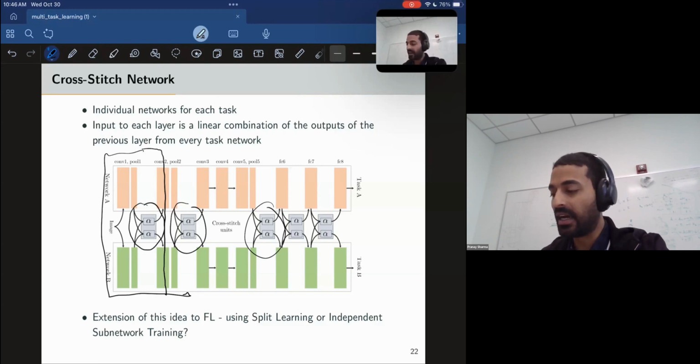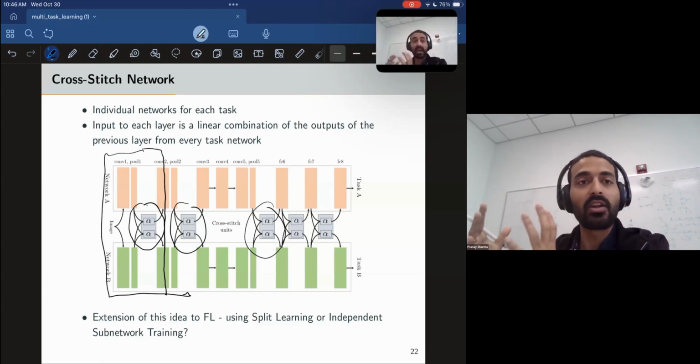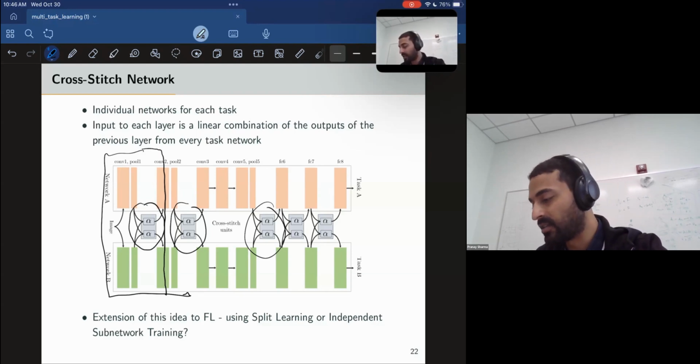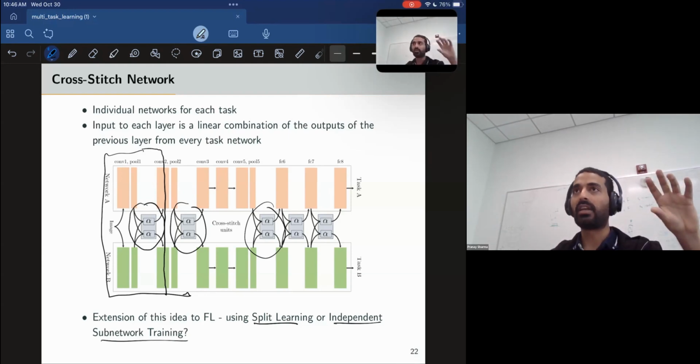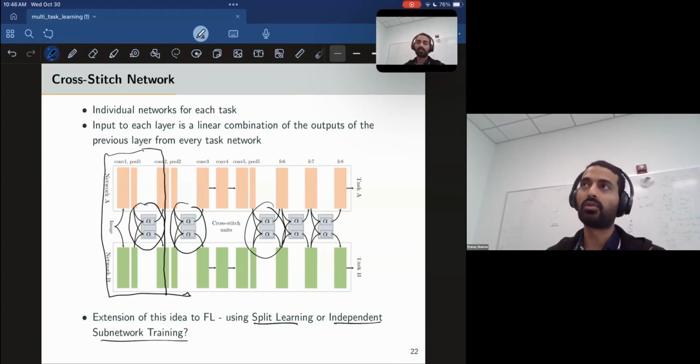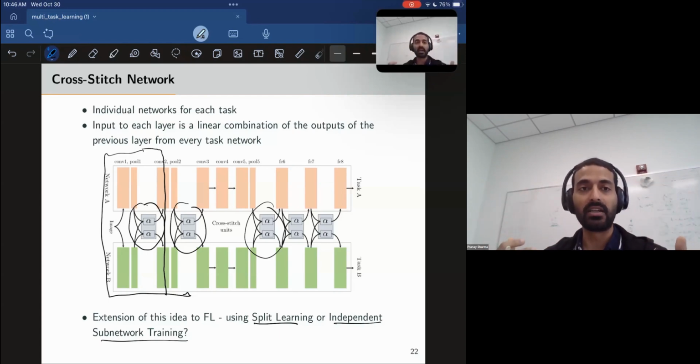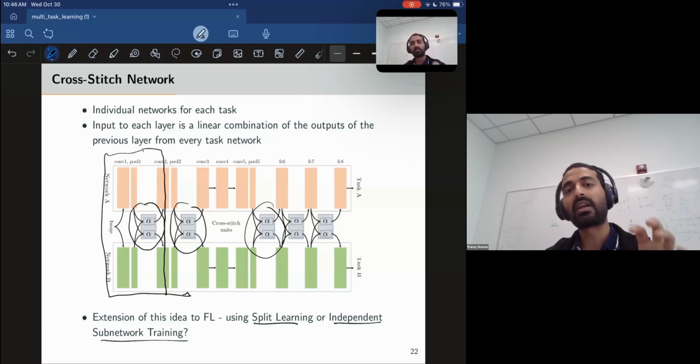Off the top of my head, I don't know a parallel of this idea in the federated setting, but I would encourage you, if you are interested, to explore if this idea has been proposed in the literature. I think there are some parallels between this cross-stitch idea and things like split learning or independent subnetwork training. In both these ideas, instead of training the entire network at a single client, you train a few layers at one client, the next few layers at a separate client, and so on.